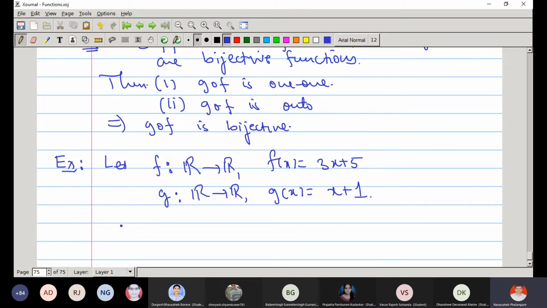Now what is a composite function? G of f of x.